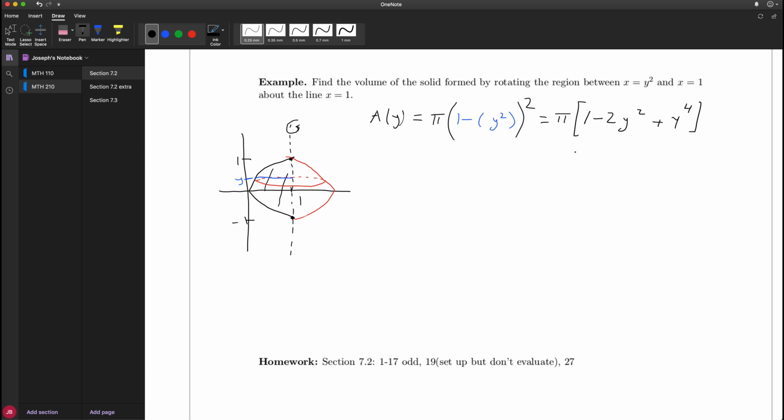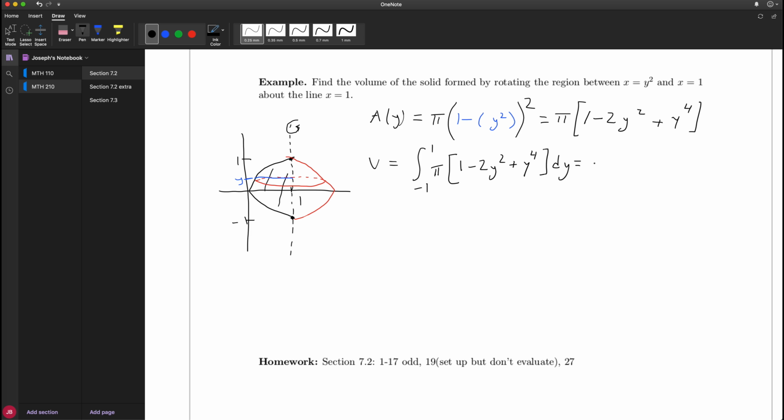Okay. And so the volume then of this region, well, we just integrate over the y bounds of the region. Integral from minus 1 to 1 of pi times 1 minus 2y squared plus y to the 4 dy.